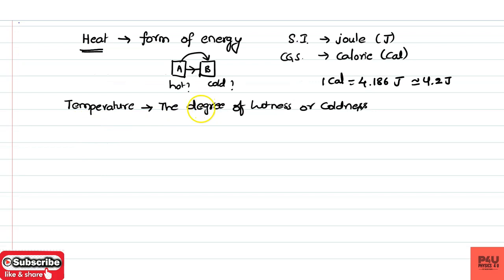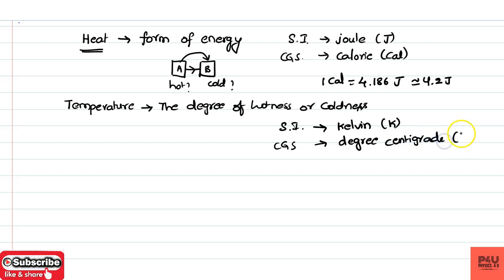And coming to the temperature, the units of temperature, the SI unit of temperature is Kelvin. So absolute temperature is measured in Kelvin. And another scale you can call is degree centigrade or degree Celsius. Kelvin is the SI unit.